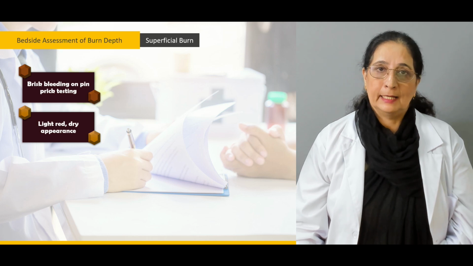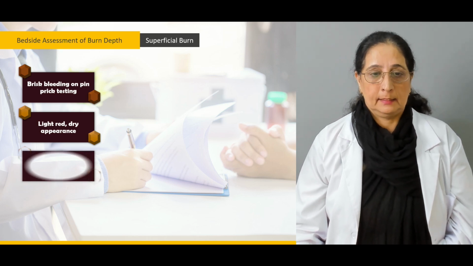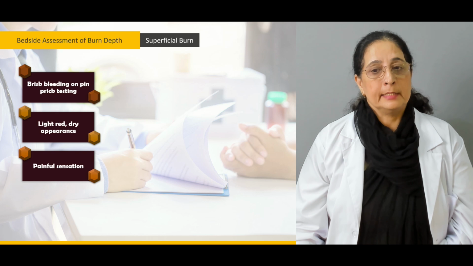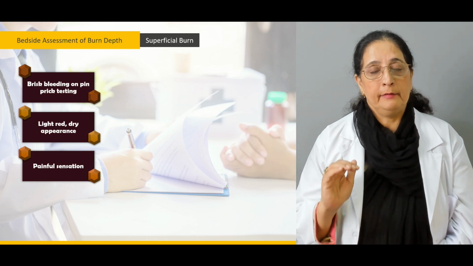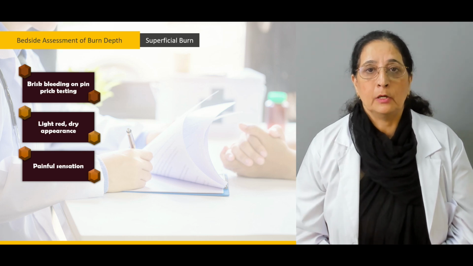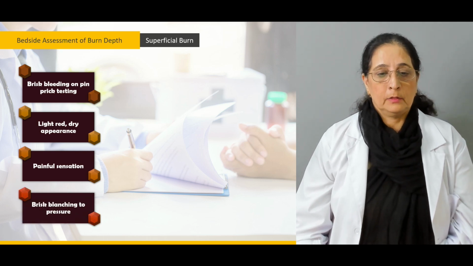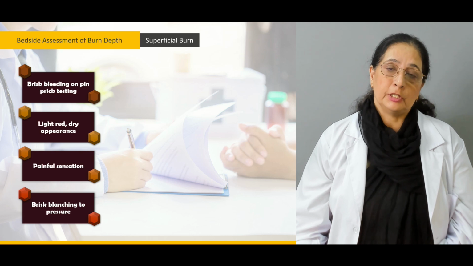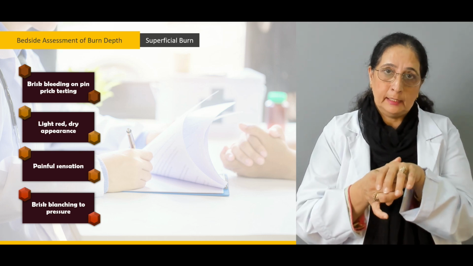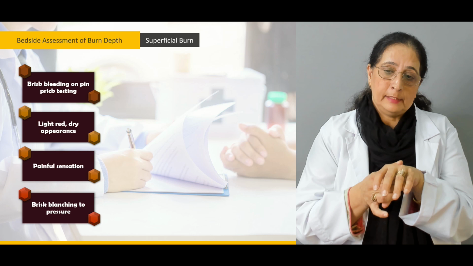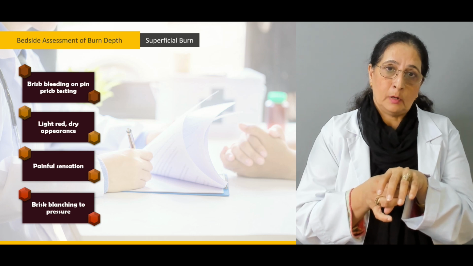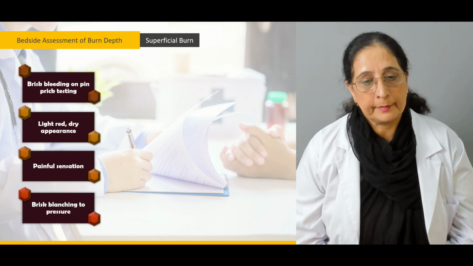Light red, dry appearance, painful sensation. All these are very, very important in the assessment of the superficial burn. Then there is also brisk blanching to pressure, a change in color on pressure that comes back to normal after the pressure is released.